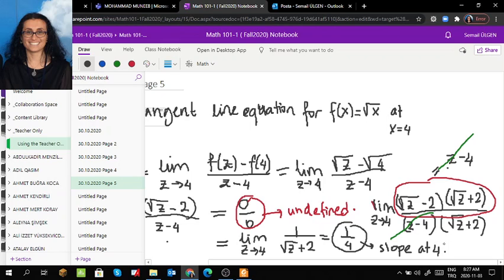When we want to take the limit, we just plug in z equals 4 because there's no undefinedness here. And we got 1 over 4 as the slope at 4.